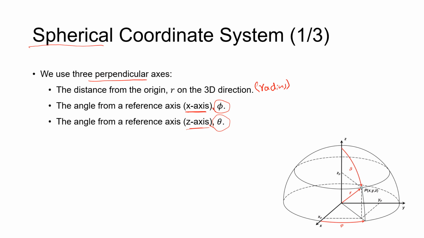So how do we move a point from the origin? If this is the origin, you first move in the z-axis with the vector r until you reach the value of r. Then with x, this is our x, we want to plot our theta.